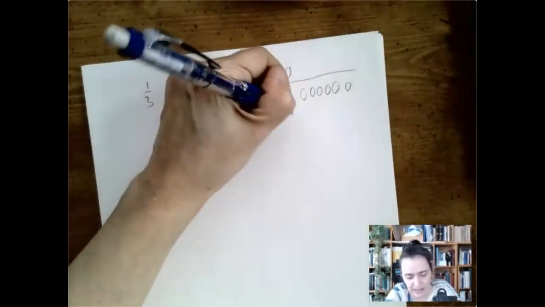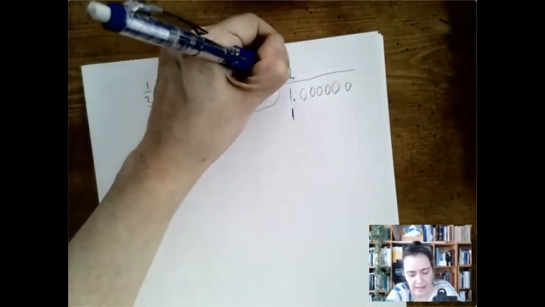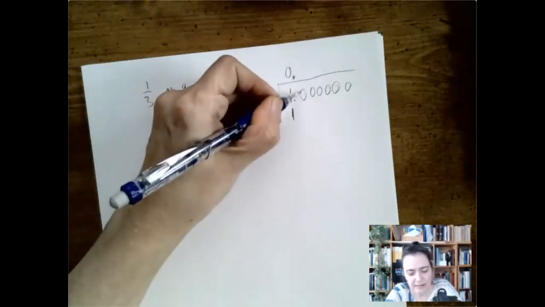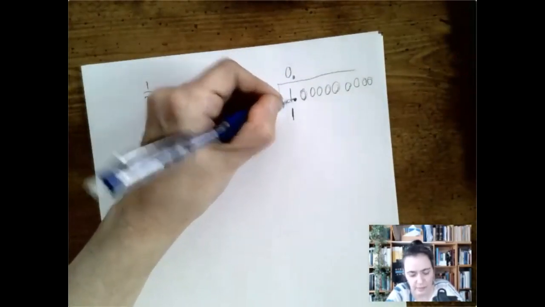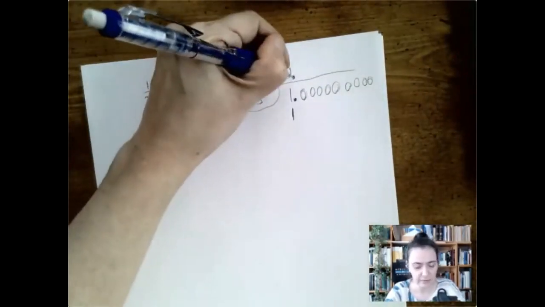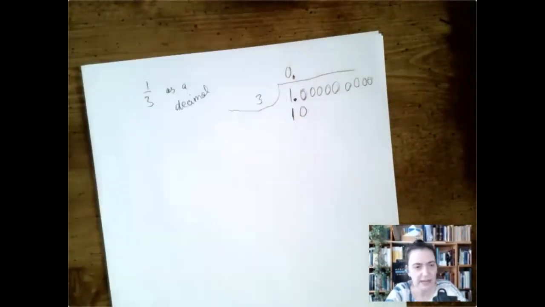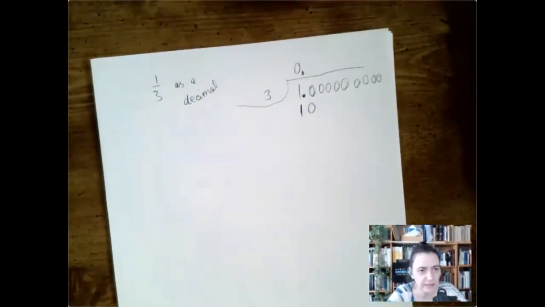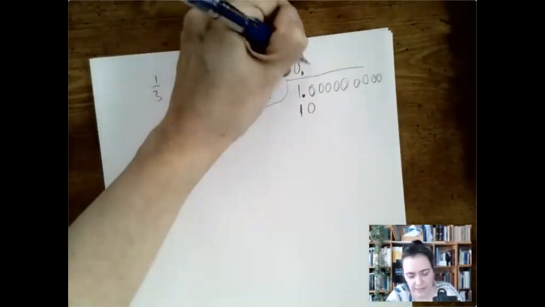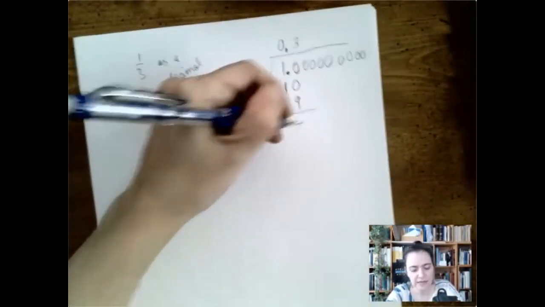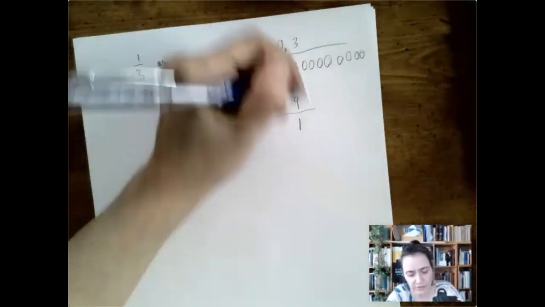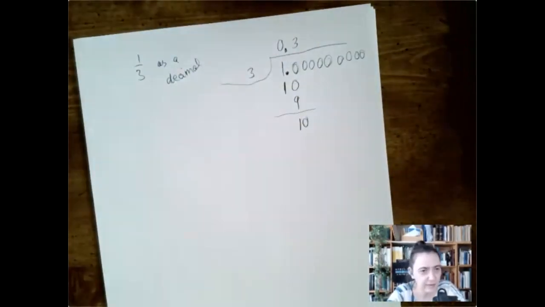So we have that 1 left. And then we're going to bring down this 0. And we can have as many as we want. And when we bring down the first 0 after the decimal, we put a decimal there. So now the question is 10 divided by 3. 10 divided by 3 is 3, because 3 times 3 is 9. 10 minus 9 is 1. Bring down the 0. 10 divided by 3 is 3.